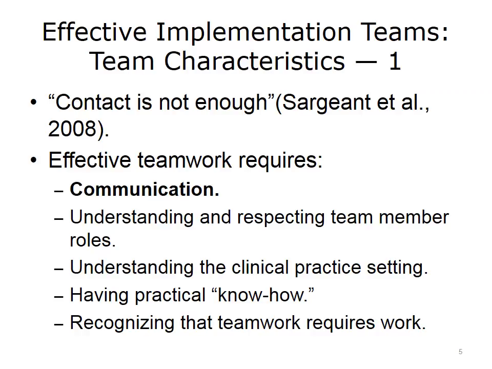For example, team members need to be continually open with each other and communicate on a regular basis. To do this effectively, team members need to have access to each other and need to have effective communication skills. In addition to regularly scheduled meetings, effective implementation teams often use web-based communication tools that facilitate collaboration and implementation management.